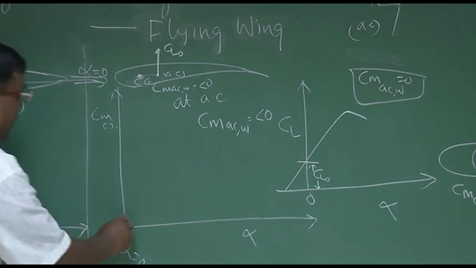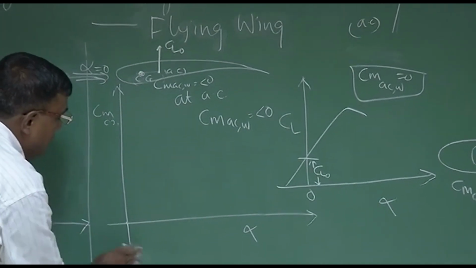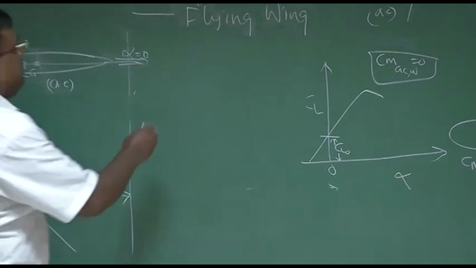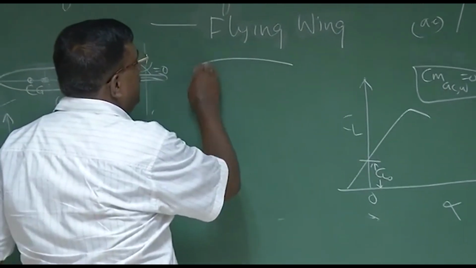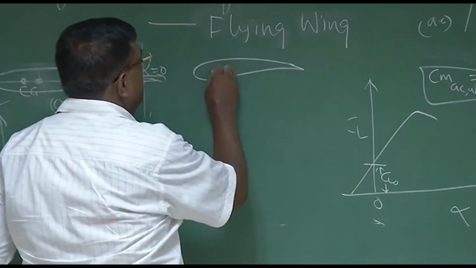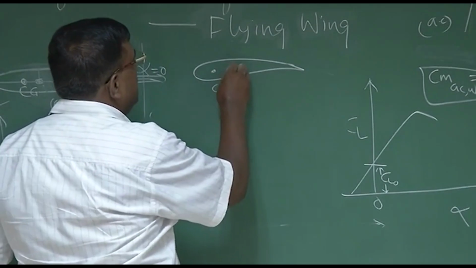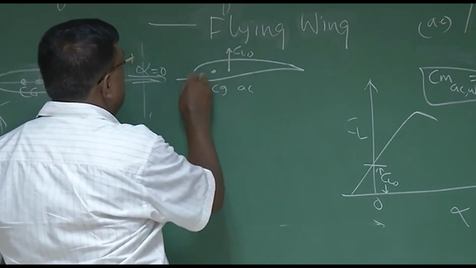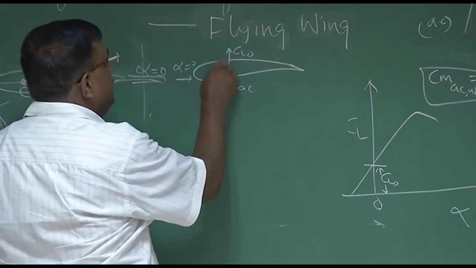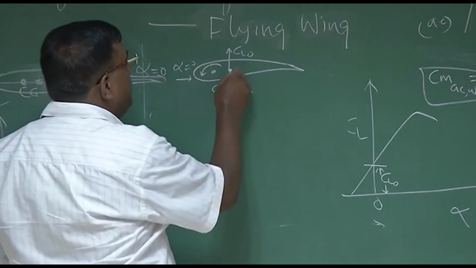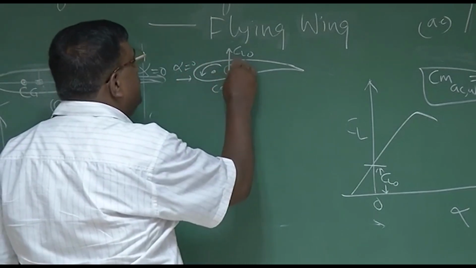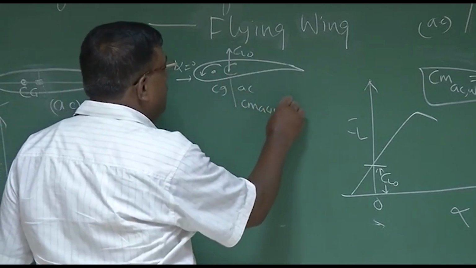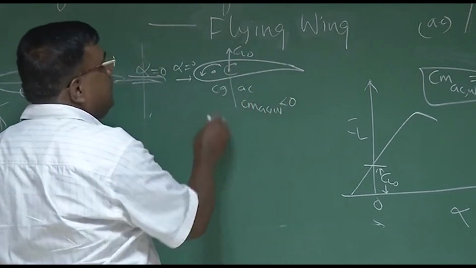So although this is statically stable, let me draw it. What we have observed, if this is the cambered aerofoil, if this is the CG, this is the AC, since there is a CL naught at alpha equal to 0, this will give a nose down moment, plus you know that CMAC wing is also less than 0, that is opposite of this sign.